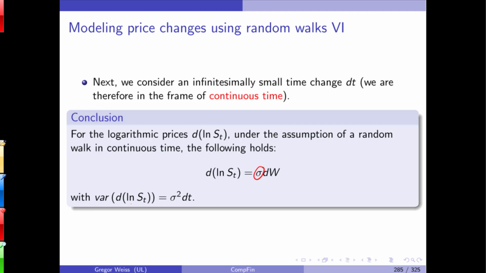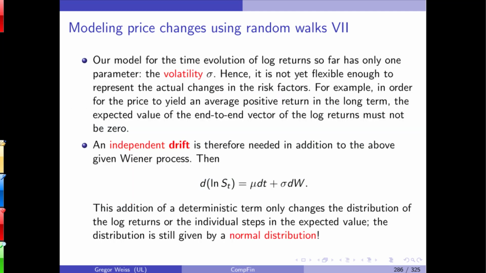And if we assume a random walk, we get this Wiener process for the time evolution of stock price returns. We don't assume a normal distribution. We assume a random walk and thus a Wiener process, and we get the normal distribution as a result. But we don't assume it.